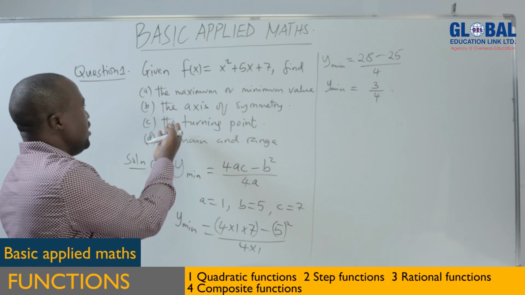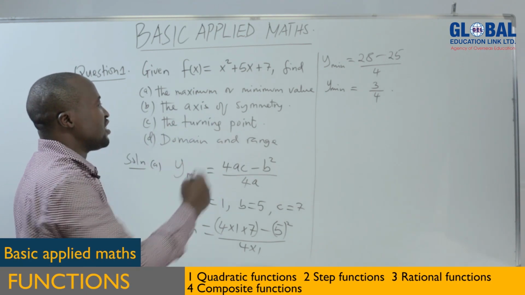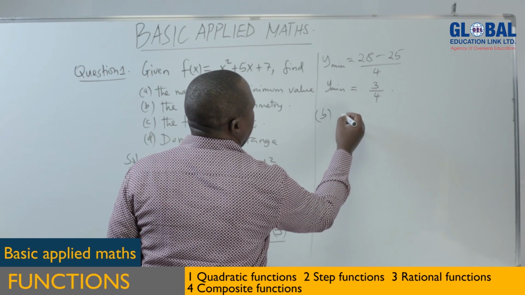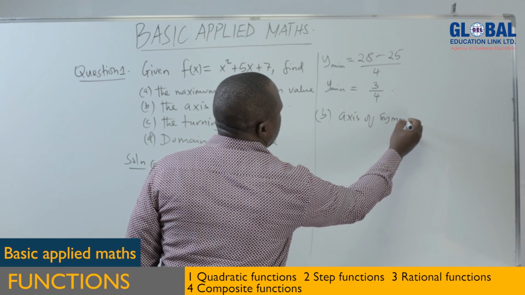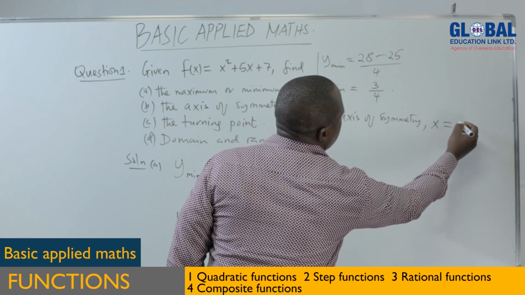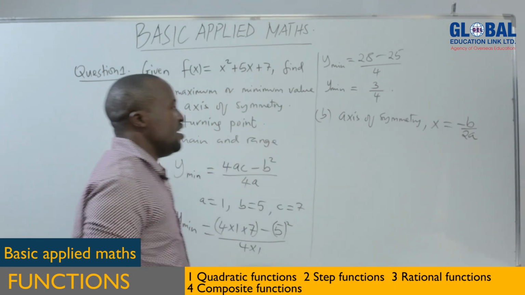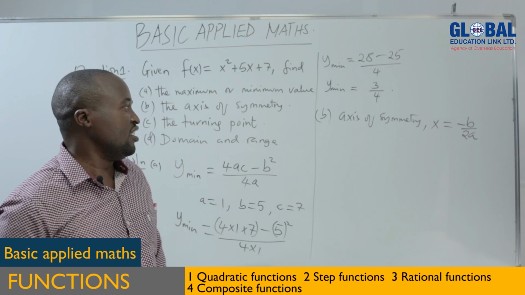But again, for B, we are supposed to find the axis of symmetry. The axis of symmetry, that is xc, is given by negative b over 2a. That is the general formula for finding the axis of symmetry.